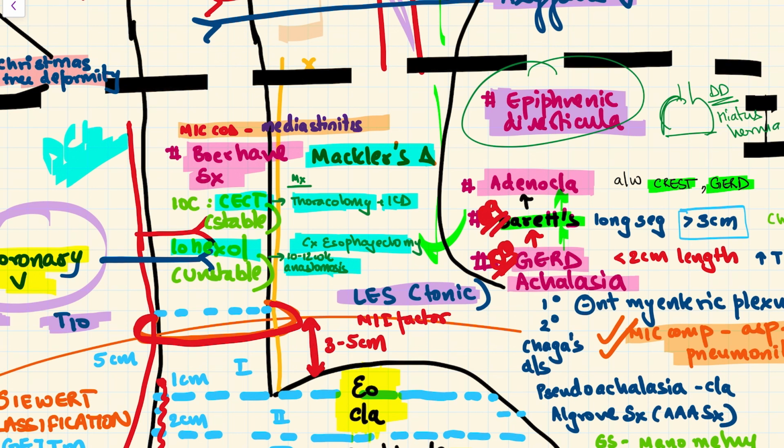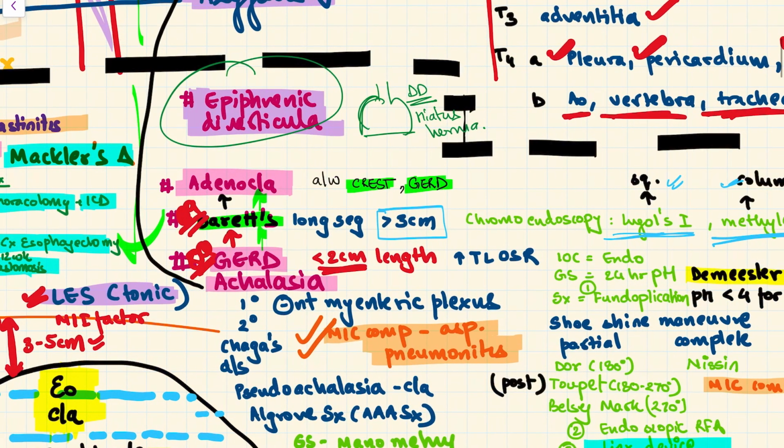The most important factor for maintaining the tone of the lower esophageal sphincter is the intra-abdominal length of the esophagus, which is normally 3 to 5 centimeters. If it reduces to less than 2 centimeters, it will cause relaxation of the lower esophageal sphincter and there will be reflux of acid. And this is GERD. This is called increased transient lower esophageal sphincter relaxation.